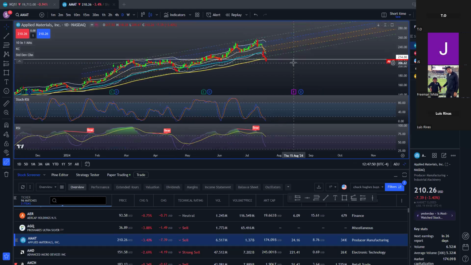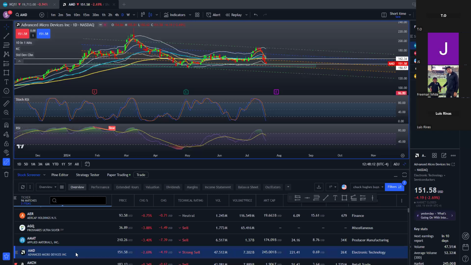See all this consolidation here before the move, it moved down, then it broke up, but it's a lot of resistance right here. So this area may end up holding as support. And I'm going to watch it to see if it starts to work itself back up. So AMAT is on my list.